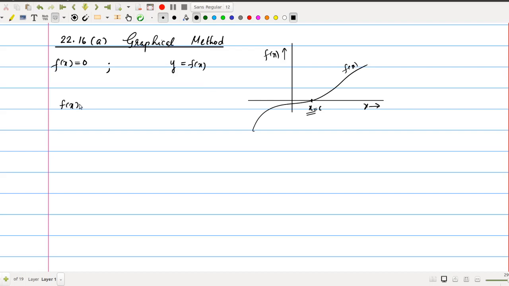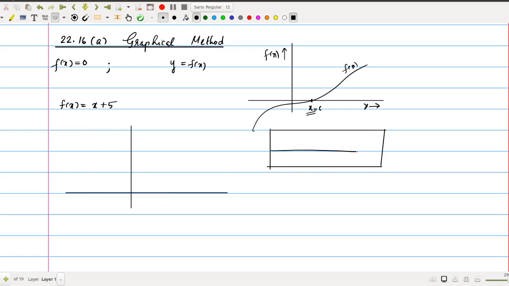For example, if f of x equal to x plus 5, then you can easily draw the graph of this. This is a first degree equation, so this is the equation of a straight line. In order to draw the graph of this function, you first find out some arbitrary values.